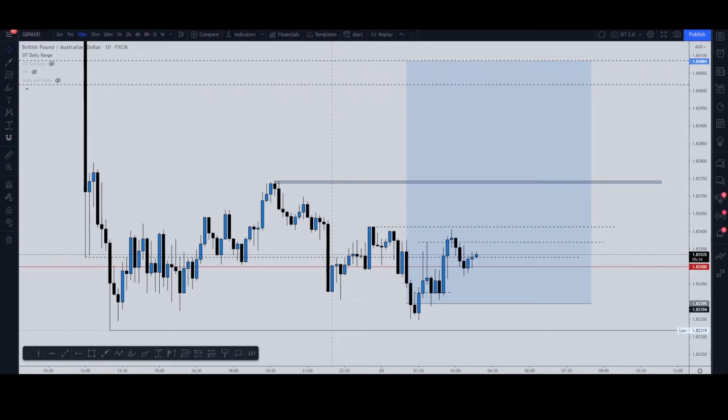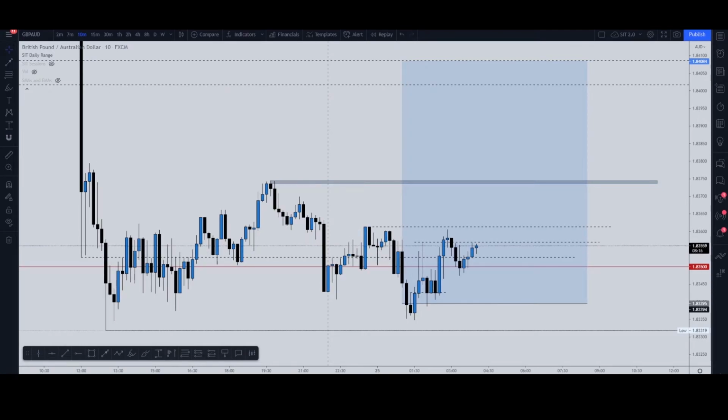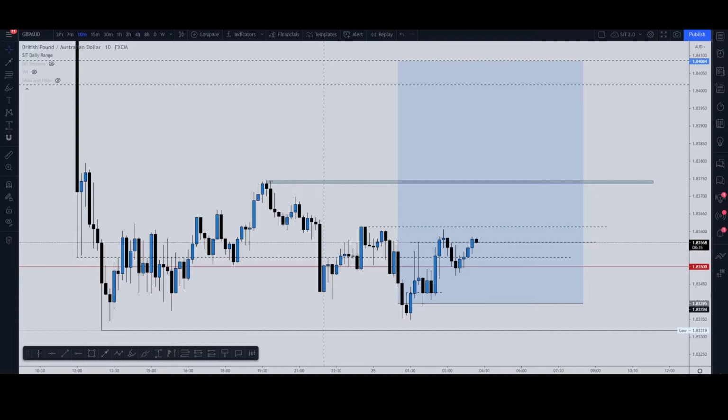Here the price was starting to show some signs of weakness by making this second lower high at the Asian high, and here is when I started to see that we might be losing some strength. We might be about to cut the trade at 20 pips.